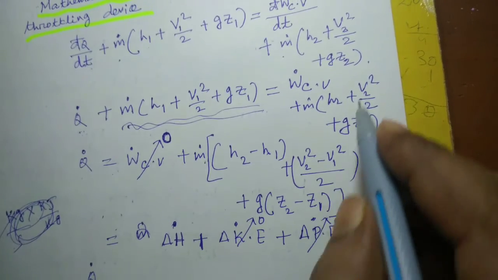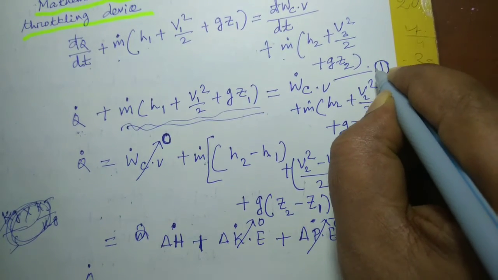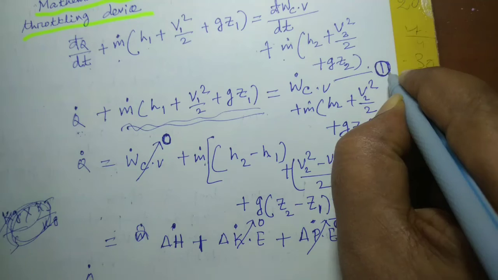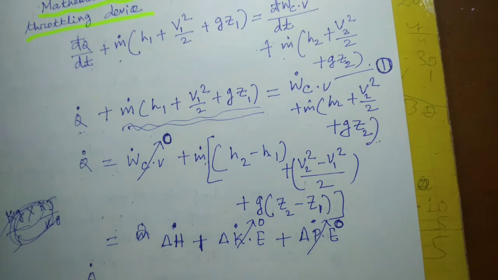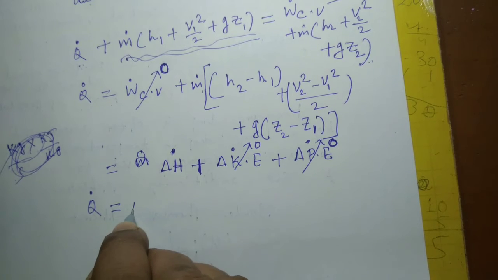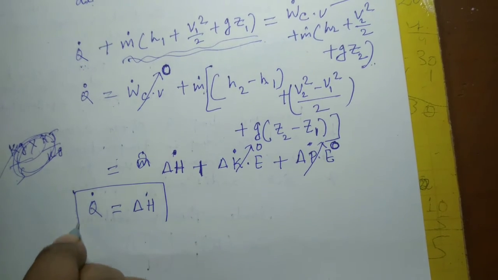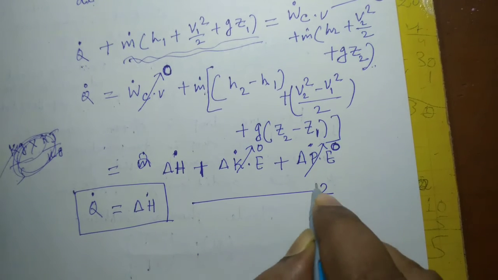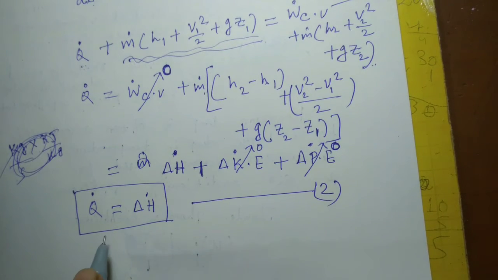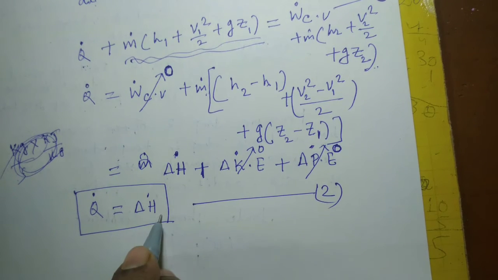This is suppose your general equation 1. Suppose this is how the steady flow energy equation in rate form is written. So this equation 1 now reduces to Q dot equals delta H dot.